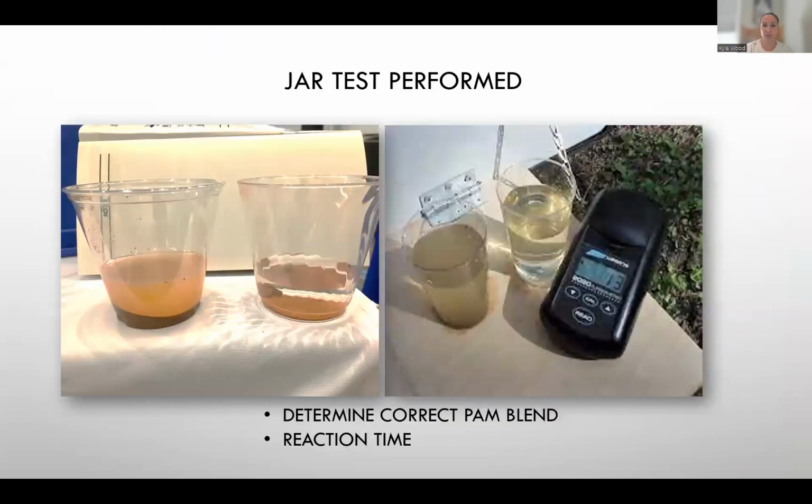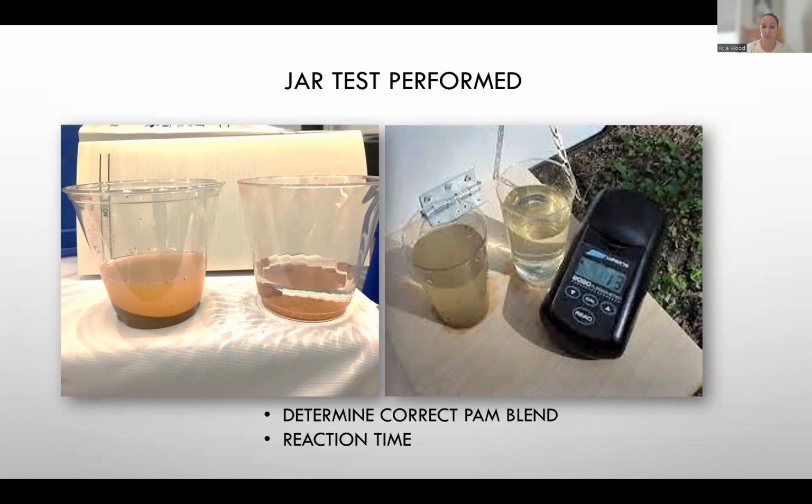To start every project, we always start with a jar test to determine which form of the polymer is most effective. You can see on the left-hand side, there's our untreated sample. We found a flocculant that was a good match, reacted, and settled those out. Final turbidity in our sample analysis was 13. We always check the pre and post turbidity so we can get an idea of what results we can expect if we set up the application well.